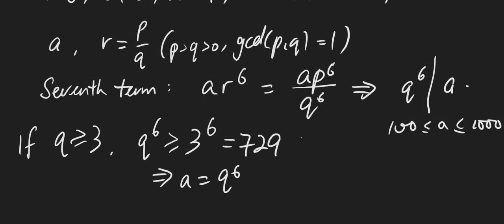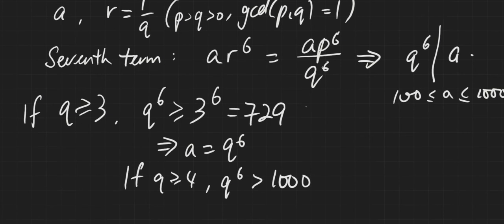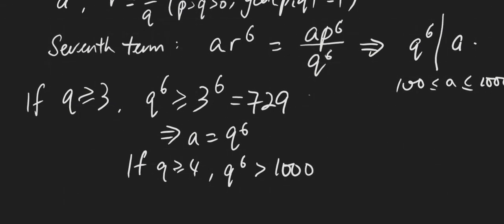And of course, if we put q equals 4, then q to the 6 is obviously greater than 1,000. It's greater than 2 to the power of 10, so it's greater than 1,000. So there is no value of a.